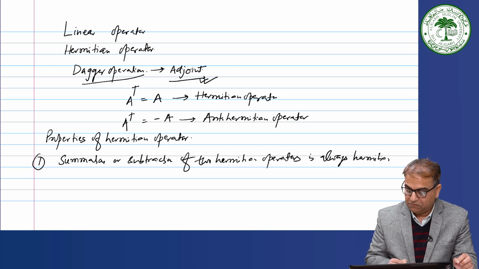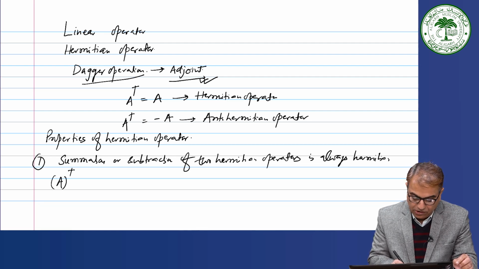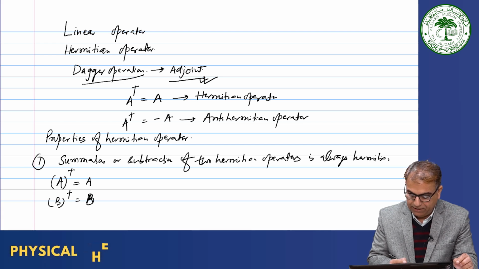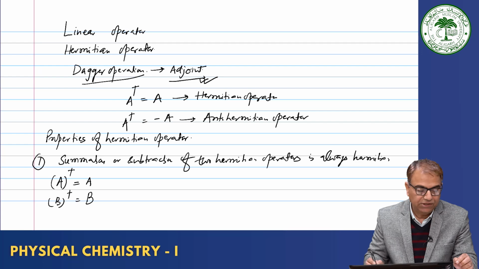It means that if you have an operator A and the dagger of A is equal to A, and the dagger of B is equal to B, then both A and B are Hermitian operators by definition.